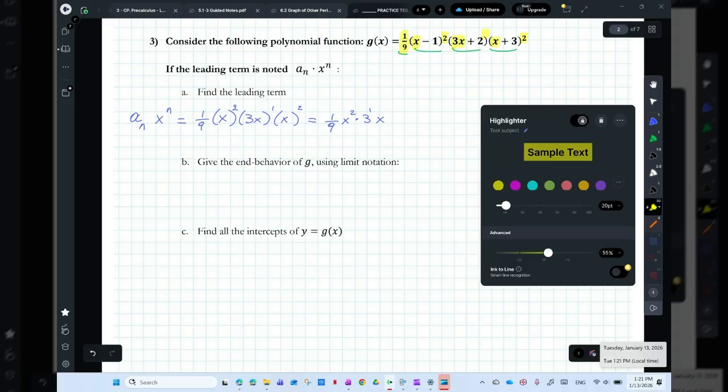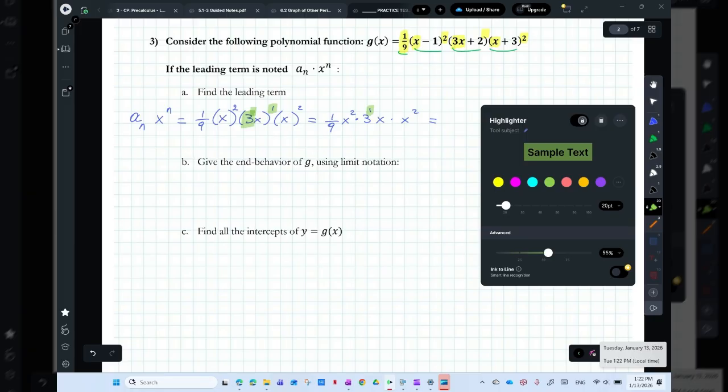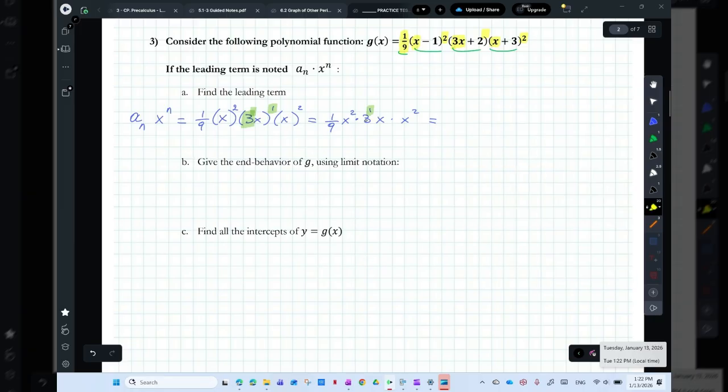And this is sometimes the mistake that I see, that whenever you have an exponent, you forget to apply that also to the coefficient, and then times x squared. If I compile that, let's take care first of the coefficients. 3 divided by 9 is 1/3. And I have x exponent 2 plus 1 plus 2, which is 5.